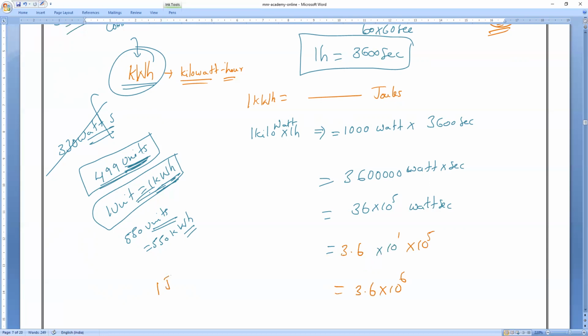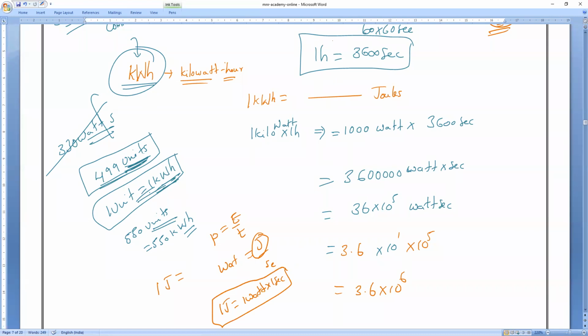Can you tell me what 1 joule is equal to? Power formula: power is equal to energy by time. Power is in watts, so energy is joule by second. Now I want 1 joule. 1 joule is equal to how many watt second? 1 watt into 1 second. Am I right?